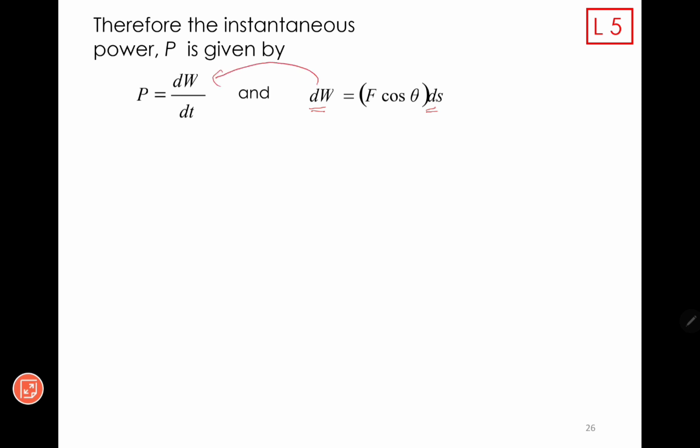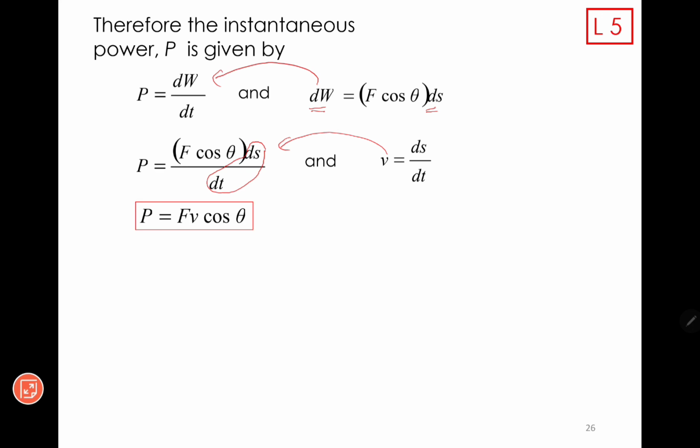Okay, what do we get? The equation becomes P equals F cos theta ds over dt, and ds over dt gives you V. How do we get that? From chapter 2 before, isn't it? So V equals ds over dt.